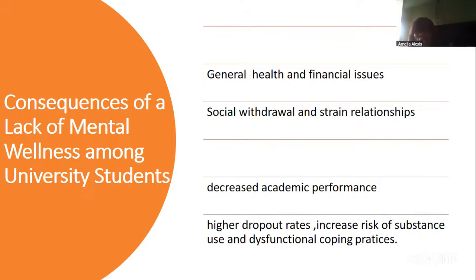There are several consequences to a lack of mental wellness among university students. It poses a risk to their physical health, financial health, and social health. They may experience strained relationships and decreased academic performance. This increases the likelihood of them dropping out, or persons may engage in risky behavior, and this may include substance misuse or other dysfunctional coping mechanisms.